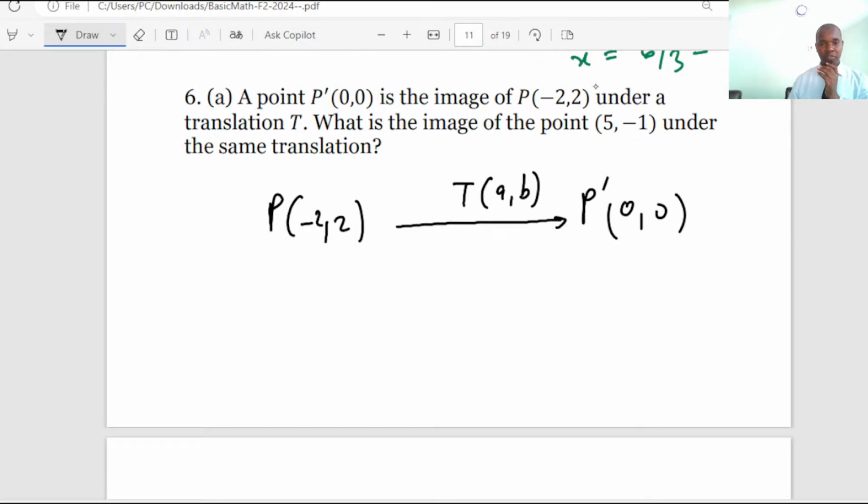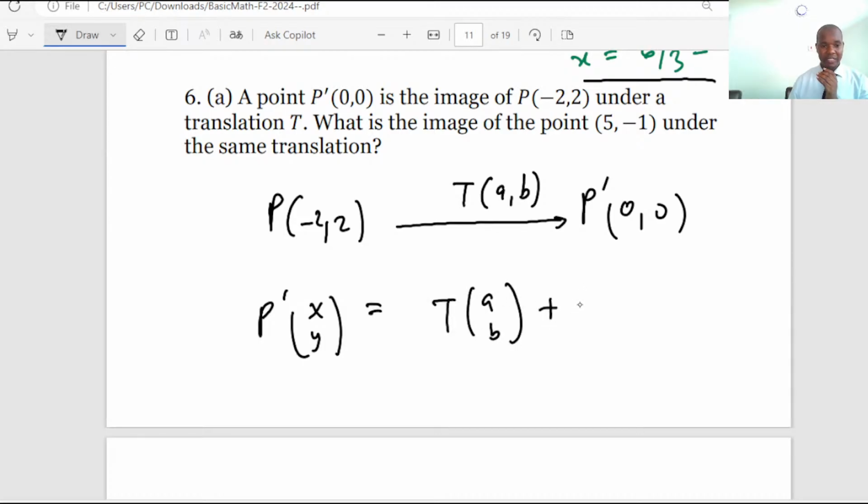So first of all, we need to find the translation factor. And the translation factor is going to be such that P dash, which is x, y, is equal to T, which is A, B, plus P, x, y.